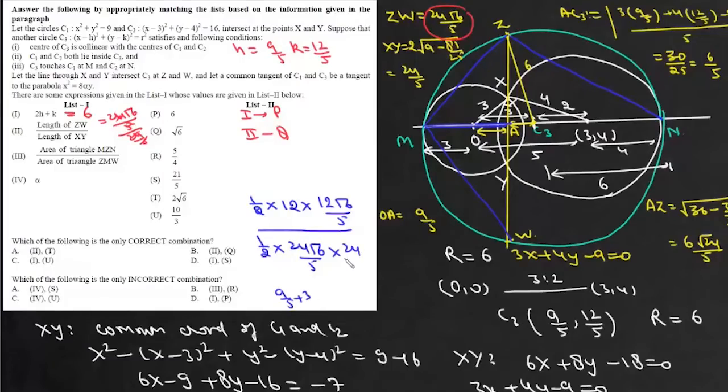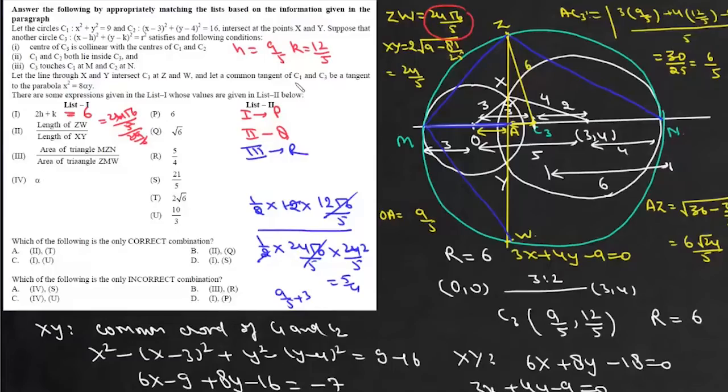So it will be this 24 by 5. Now this is 12 root 6 by 5. It will cancel. Now this is 2. So this value is 5 by 4. So this third, it matches with R.